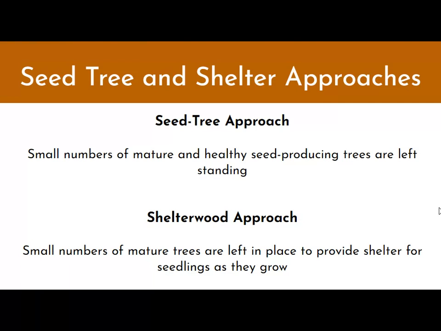They don't really involve shelter trees or seed trees. But you could tell the difference between a shelterwood approach and a seed tree approach because the shelterwood approach has more man-made planted patterns than a seed tree approach, which just happens naturally.